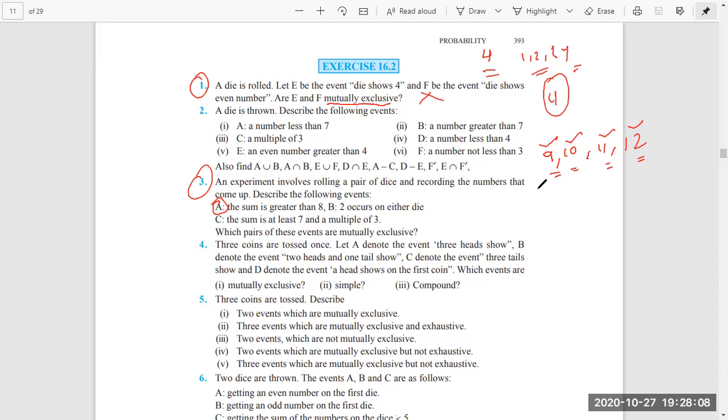I'll write it down in my notebook and read it out.